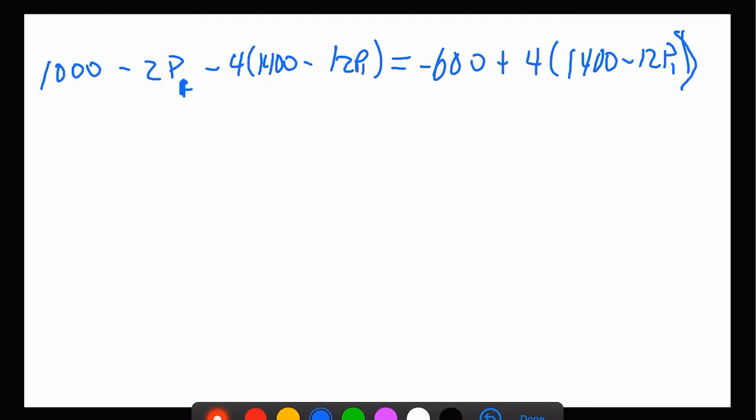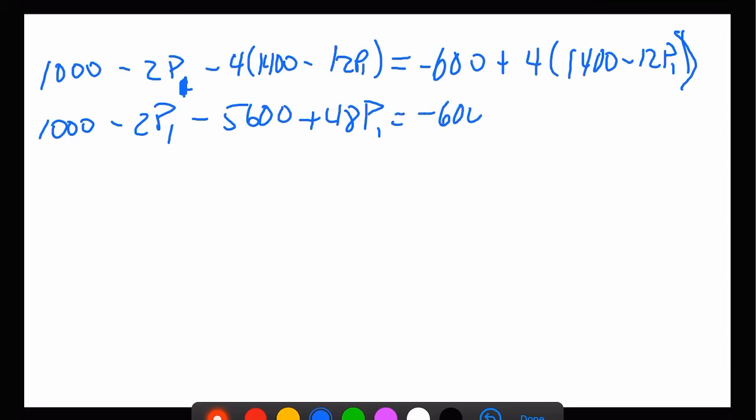So we need to isolate P1 by itself, so we're going to do all of the math. You're going to have 1,000 minus 2P1 minus 5,600 plus 48P1 equals minus 600 plus 5,600 minus 48P1.